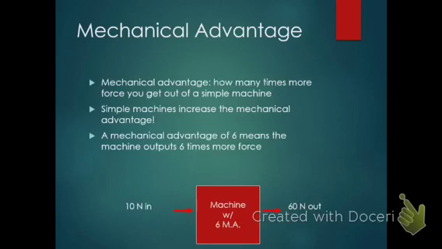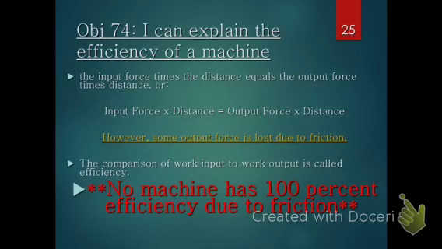And again, simple machines increase our mechanical advantage, all right? So a mechanical advantage of 6 means that the machine is putting out 6 times more force than you were putting in, okay? All right.